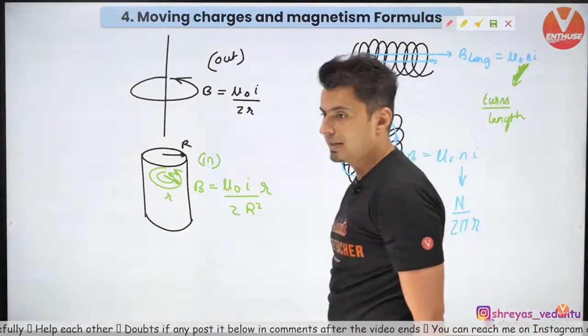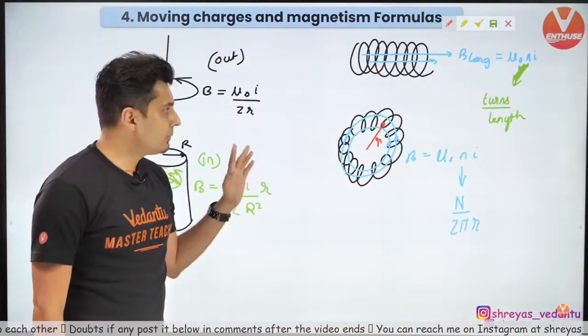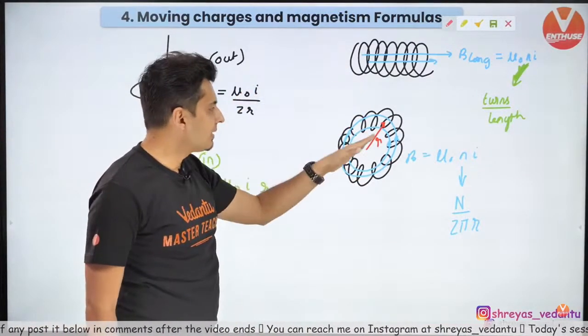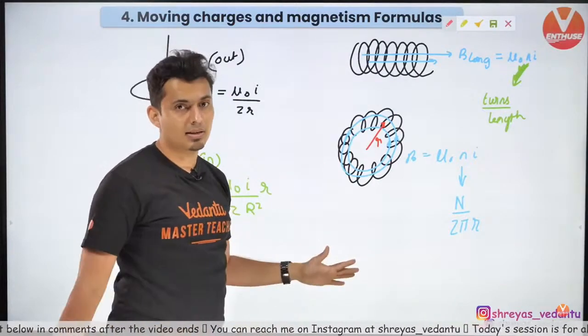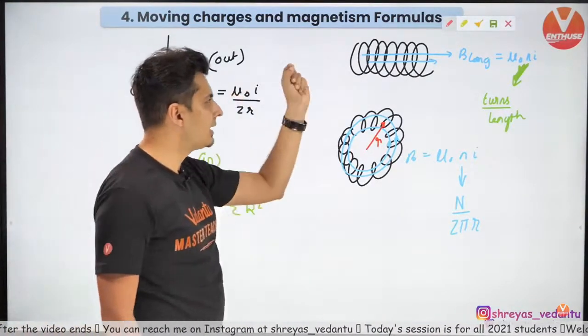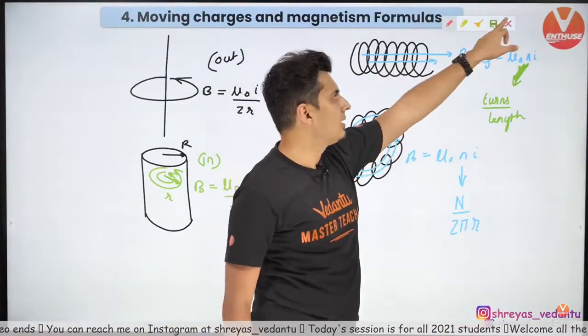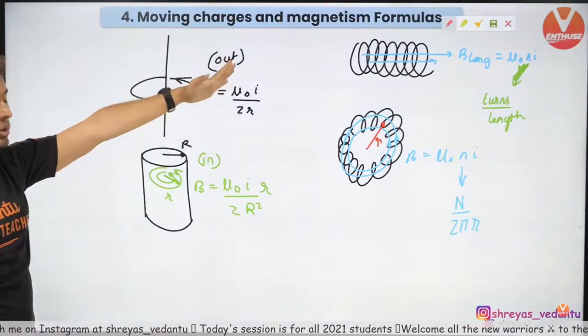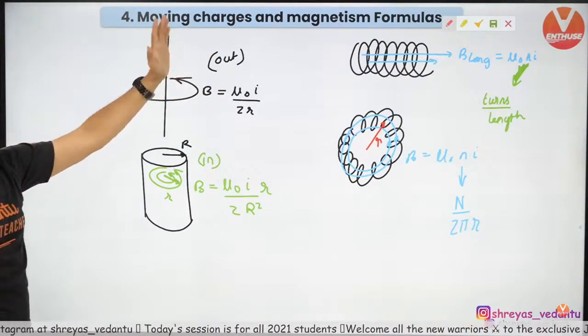Keep this in mind. Remember one more thing, that the field outside the solenoid or the field outside the toroid is not there. It's negligible, hardly any field lines leak outside, so it is not to be accounted for outside the toroid or outside the solenoid.